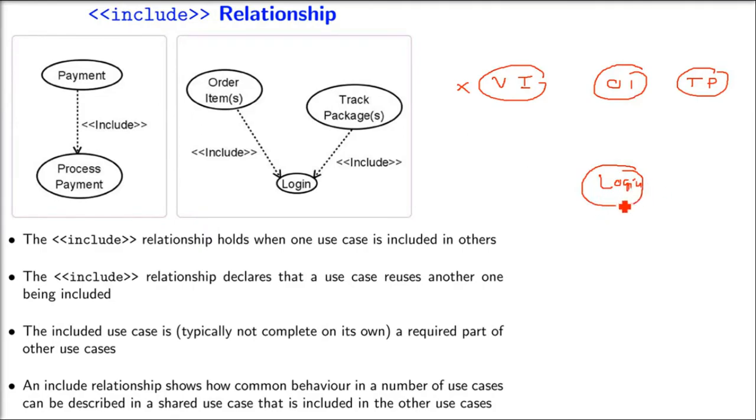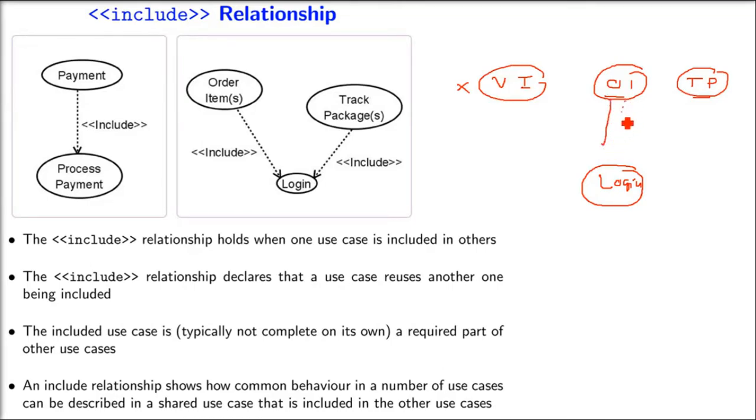You go to Flipkart, Amazon, or Alibaba, you have to log in. And then you want to track. Without login, you cannot track the product. So in order to do these second two activities, it's mandatory. That is, this login is included with these two use cases.